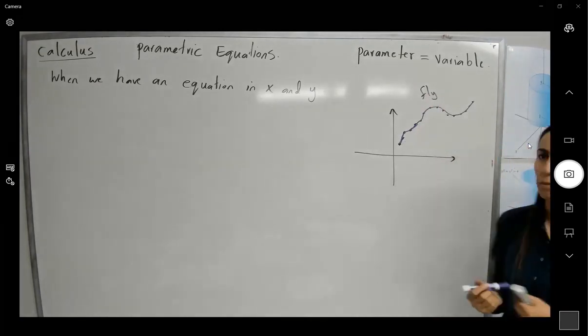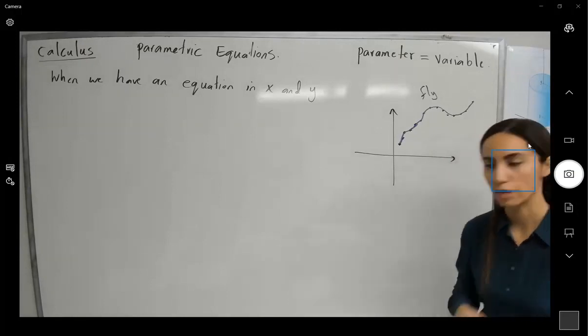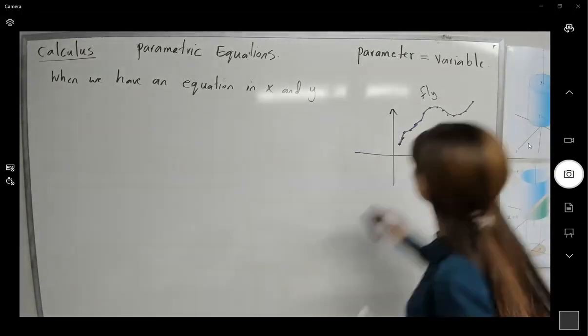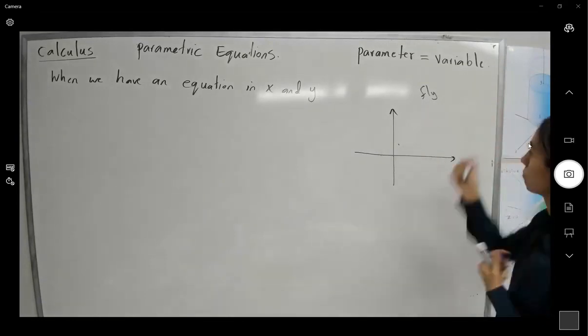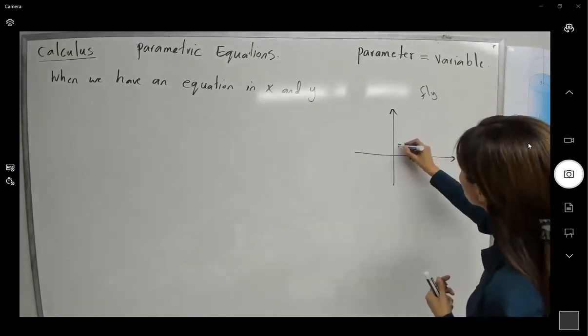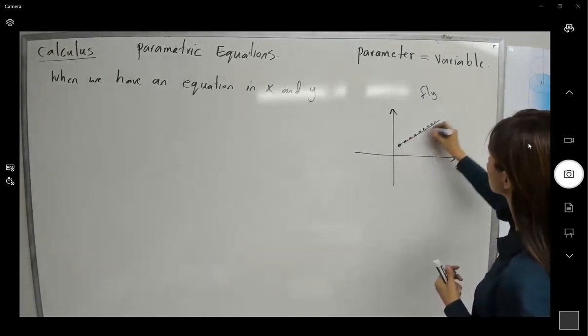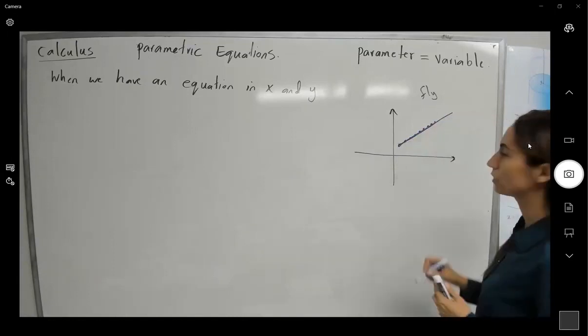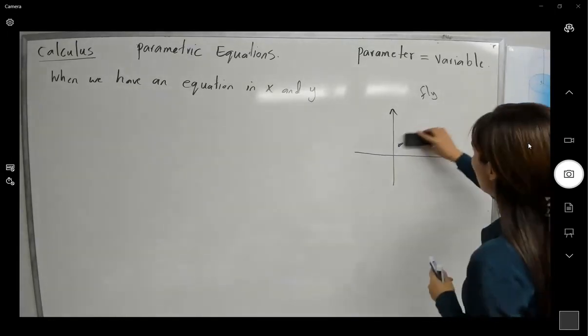It might be a nice path. It might be a quadratic path or linear path. So it might be like this, a linear path. If you connect it together, this is the behavior of the fly, or it might be a quadratic path.